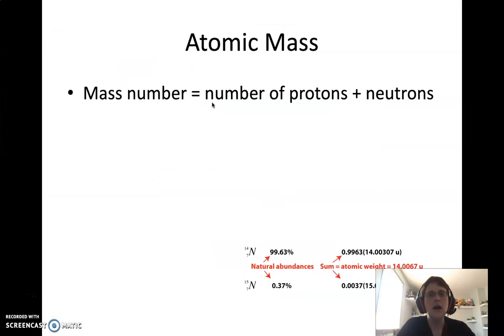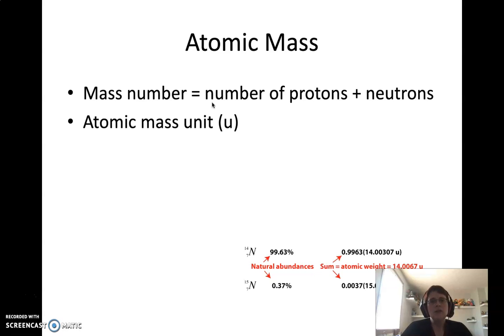So atomic mass is going to tell us the number of protons plus the number of neutrons. So you might be looking at that number and going, well, shouldn't it be a whole number? Shouldn't it be 5 plus, whatever the other number is for the neutrons? Well, that makes sense, and it should be a whole number.